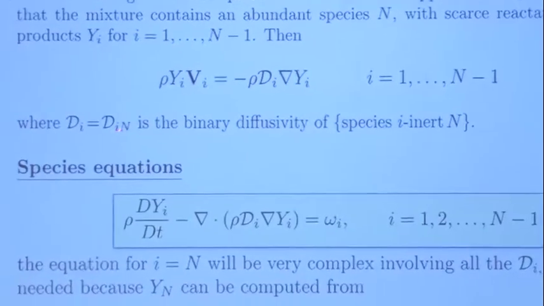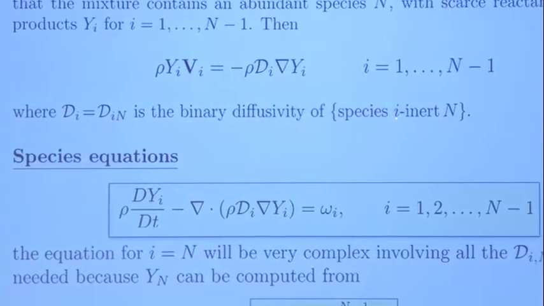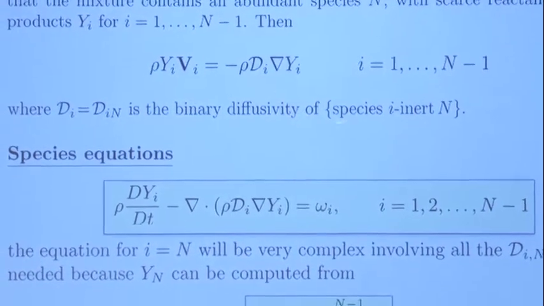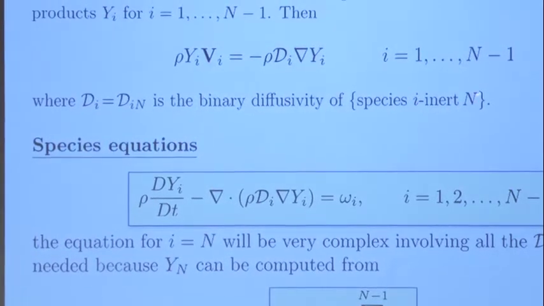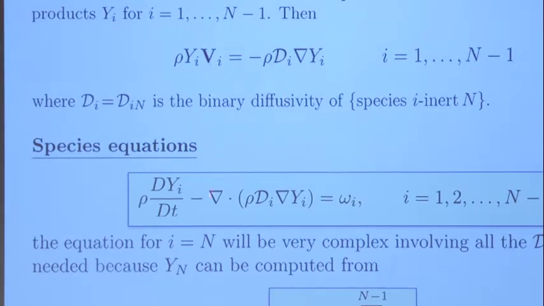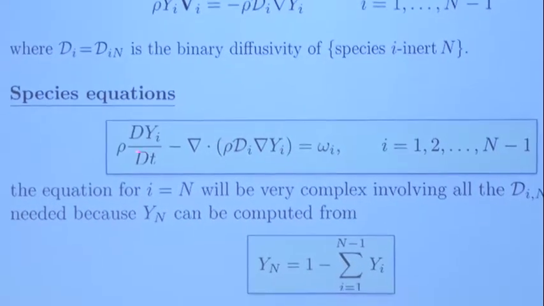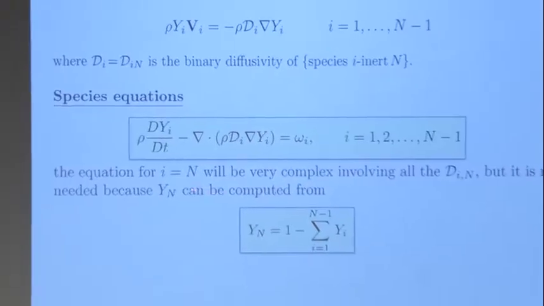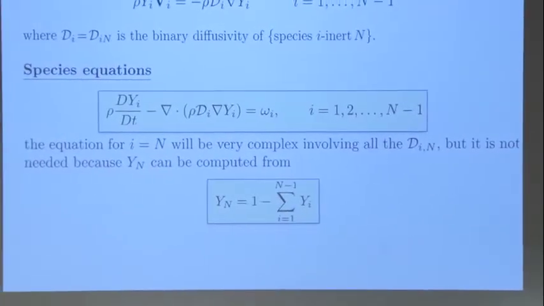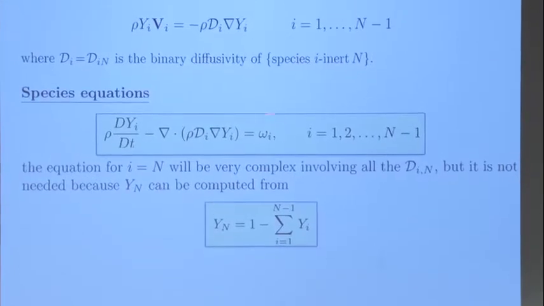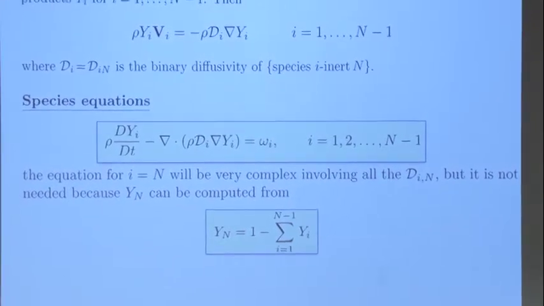But the meaning is it's D_IN, which means the diffusivity of species I into the inert or into the abundant N. And if you substitute that in the species equation, then you get essentially a diffusion type equation for all the species, of course, with the omega_i on the right-hand side.